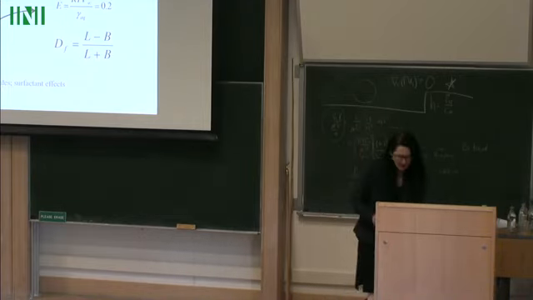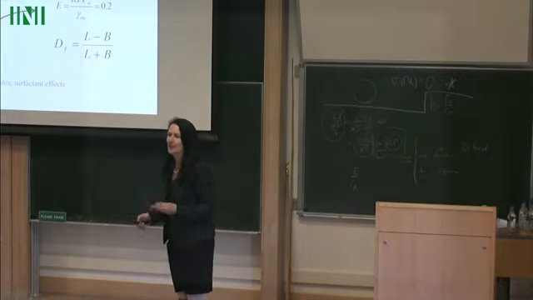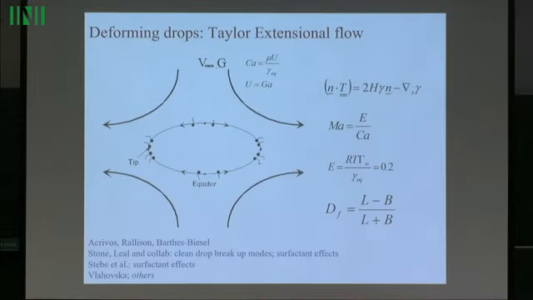So let's suppose we think about a drop that's in Taylor's extensional flow at Cambridge University. Okay, so let's start with a drop that's centered in some flow field that applies some rate of strain to give a pure extensional flow. Okay, and we start with a spherical drop, and it's going to have some surfactants on the interface, and those are not soluble in solution.